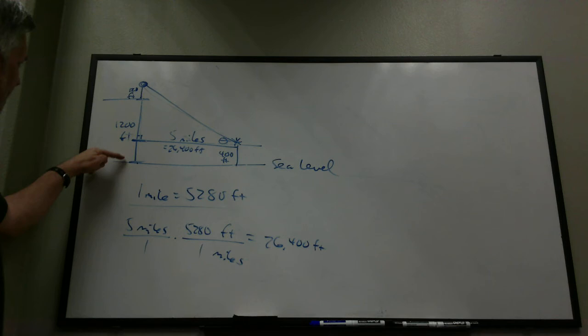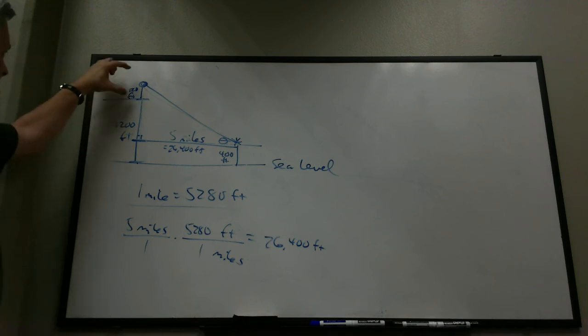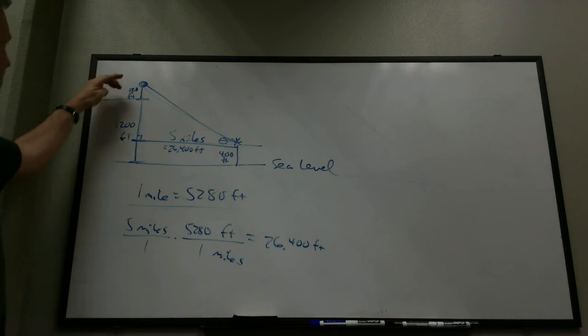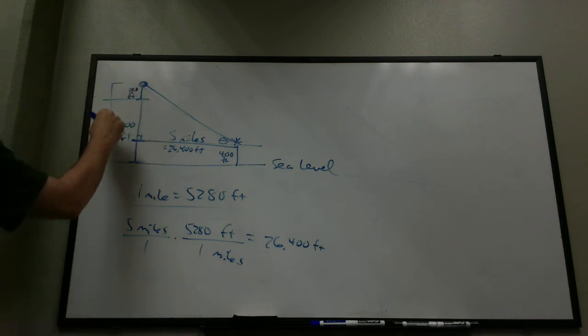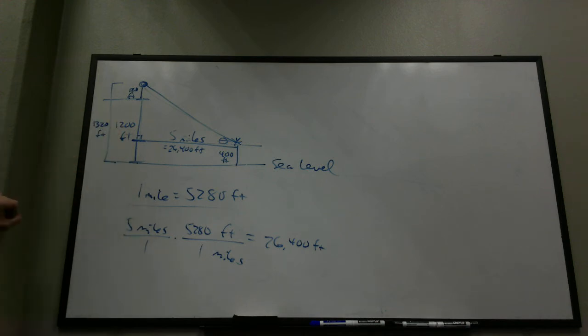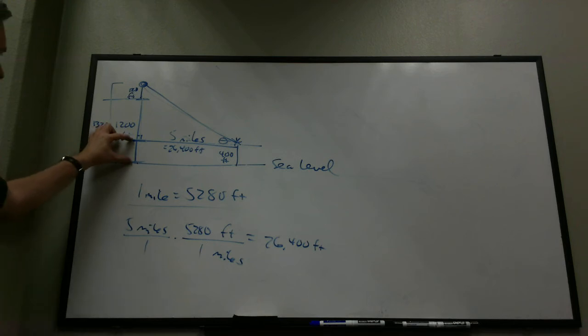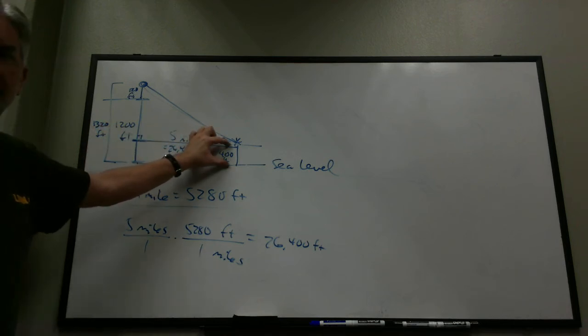Remember, 1,200 from here to here, and then we have an extra 120. So that total distance is 1,320. So from here to here is 1,320 feet. But remember, this distance here is 400 feet.